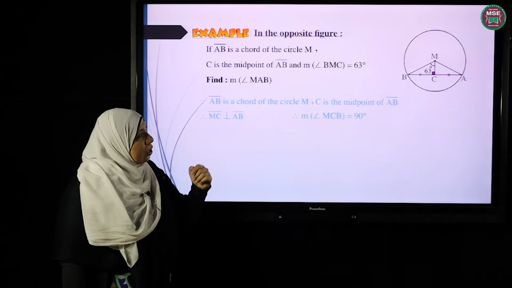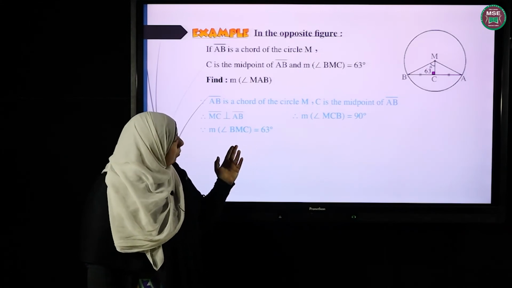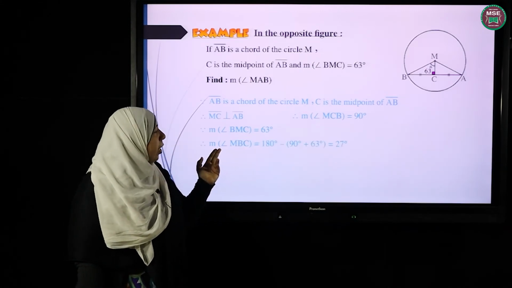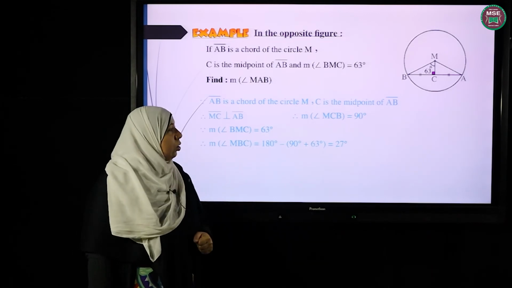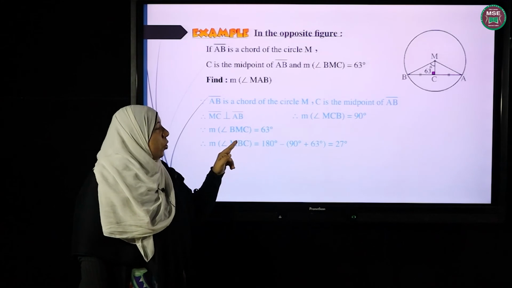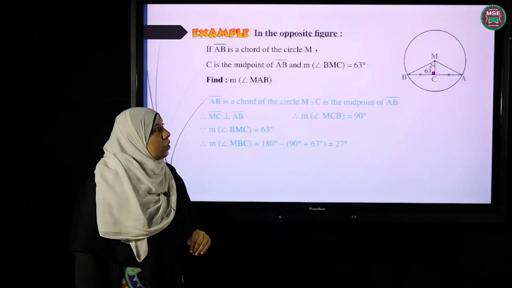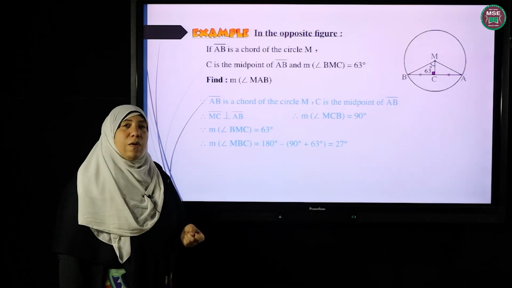Now, this angle is right. BMC is 63, so I can find MBC using the right-angled triangle, the small one, MBC. It's 180 minus (90 plus 63), which equals 27 degrees. This angle is 27.